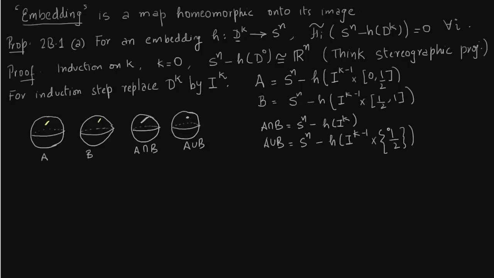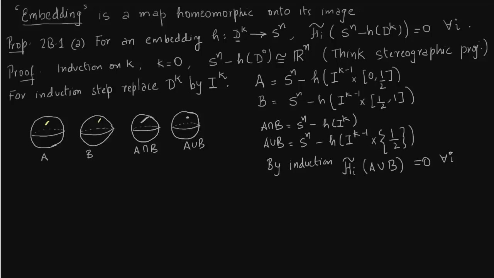You start with k equals 0, you see it is R^n, which is a contractible space, so the reduced homology group is 0. Then you assume it for k minus 1, and for k minus 1 it is 0, so it will become 0 for k. Because I^k is constructed from I^(k-1), every time you add an interval to it, by induction you get 0. So this is a very trivial induction step.